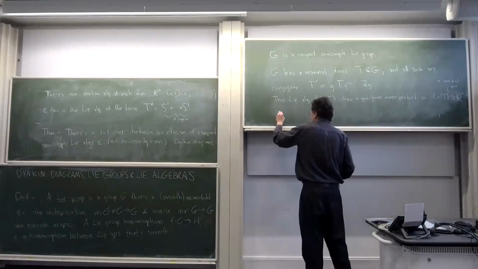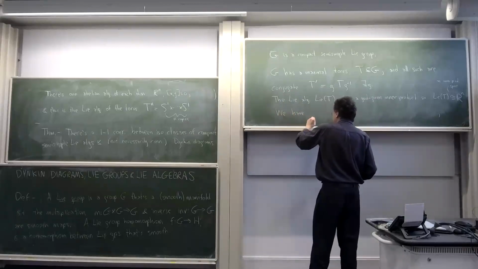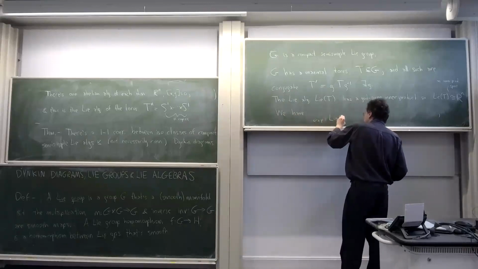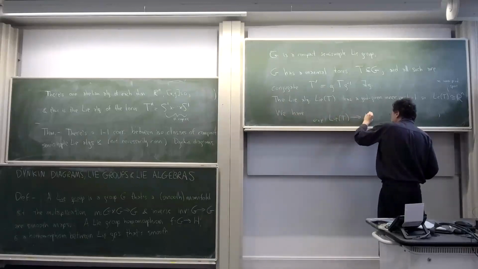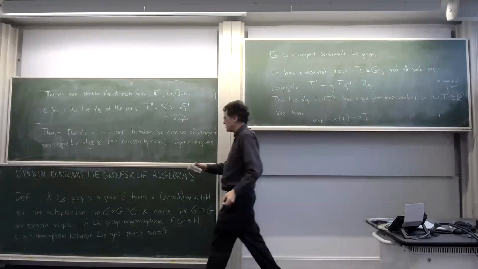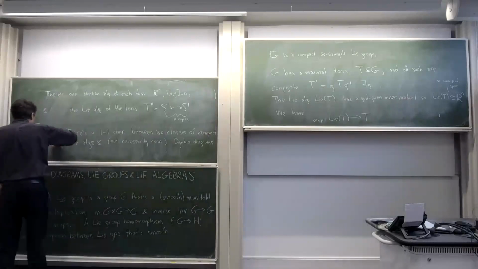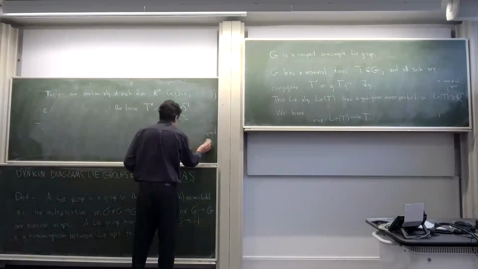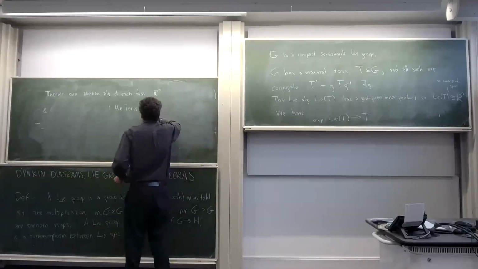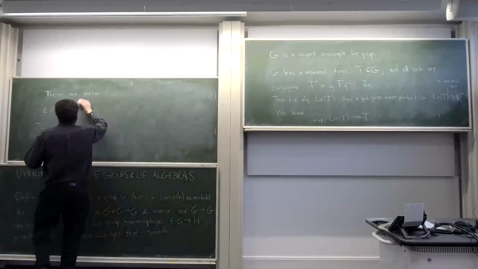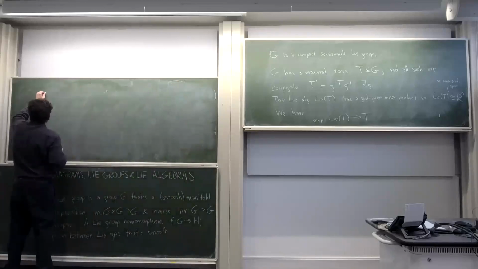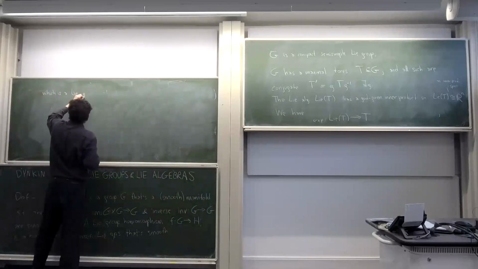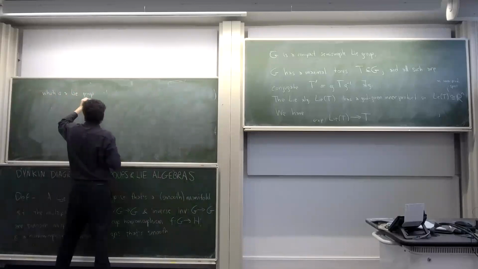Now we have this exponential map, as I mentioned, from any Lie algebra to its corresponding Lie group. So we can do that for this torus. But because T is abelian, it turns out that this exponential map is really nice. It's actually a group homomorphism, a Lie group homomorphism. Notice that a vector space is a Lie group.